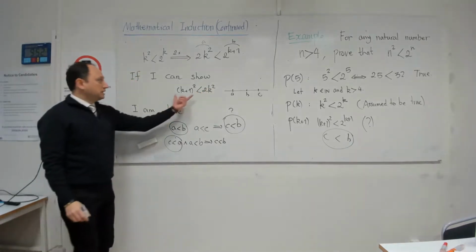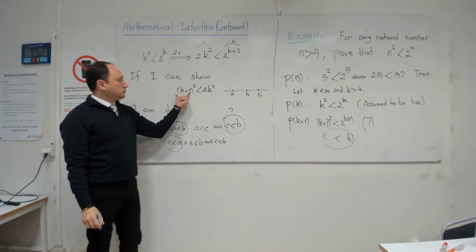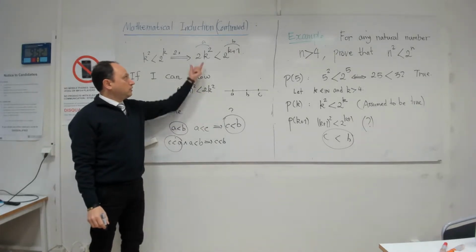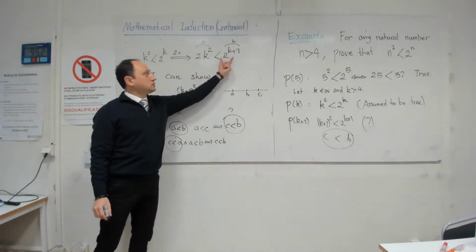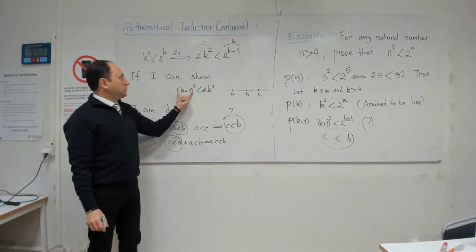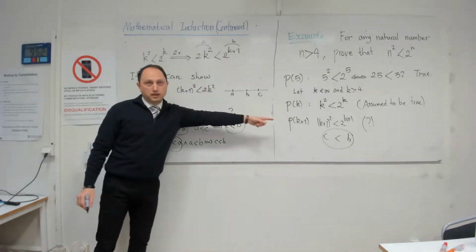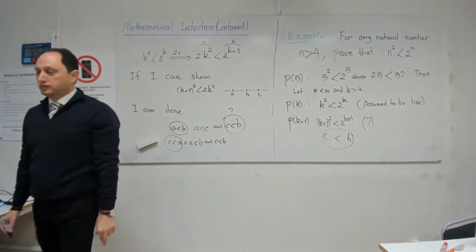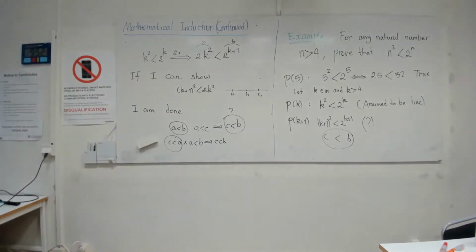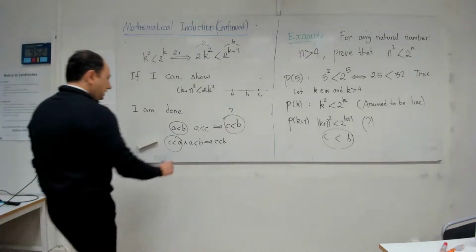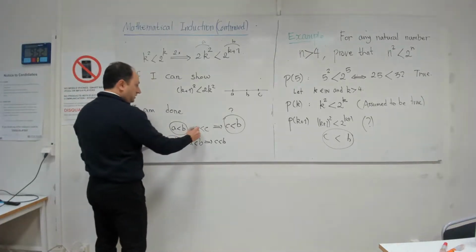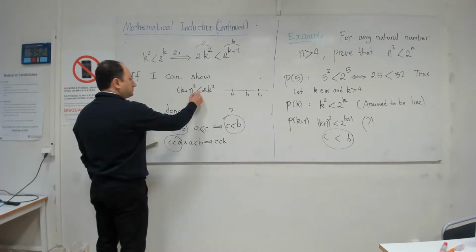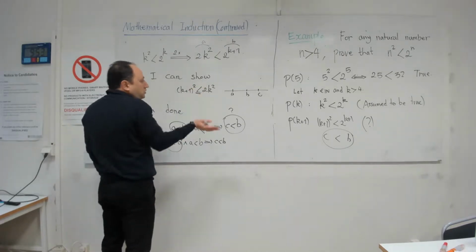Now see, if this is true, this one is smaller than this one. We also know that this one is smaller than this one. So it is clear that this one is also smaller than that one, and that's exactly what I want to show. Yes? Would it also work if it was less than or equal? Yes, that's better. Thank you very much. Let me write it here in this way. Because if that's also equal, then that's okay.